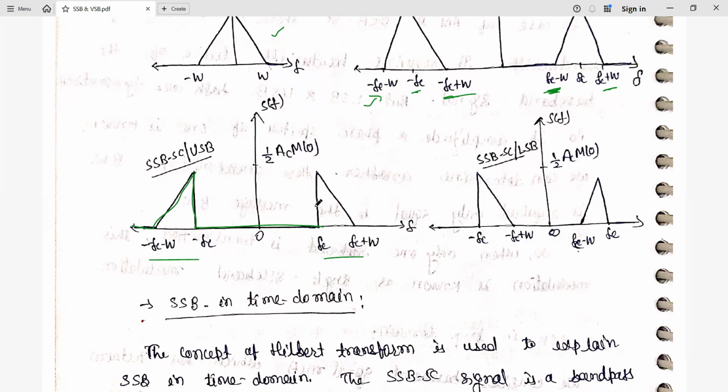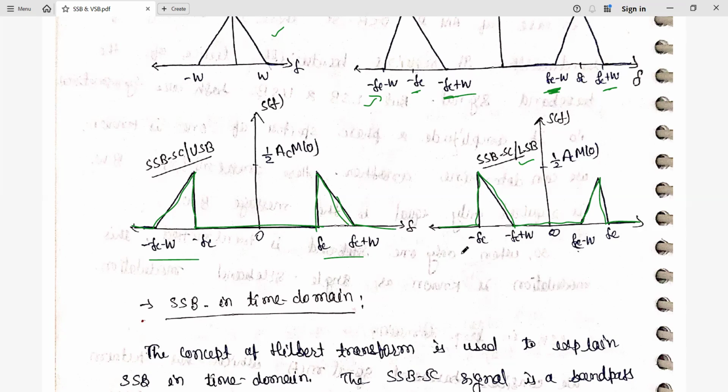Again from fc, we have the upper sideband, and after fc plus W again it is 0. In case of LSB also, we have information between minus fc and minus fc plus W. Again it is 0. Again from fc minus W to fc, and on the right side again it is 0.